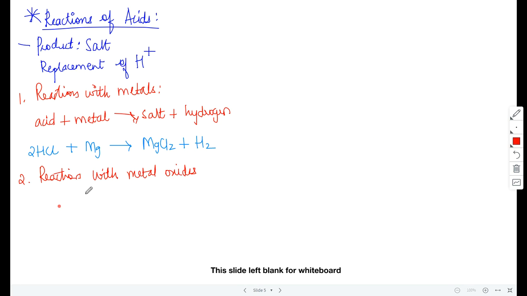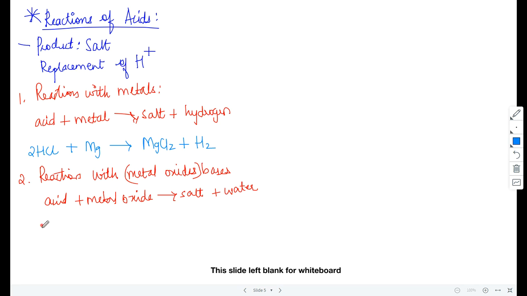Why? Because metal oxides are bases and they neutralize the acids. So in general, it would be acid plus metal oxide giving me a salt plus water.